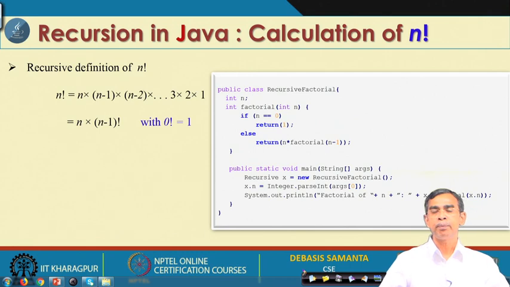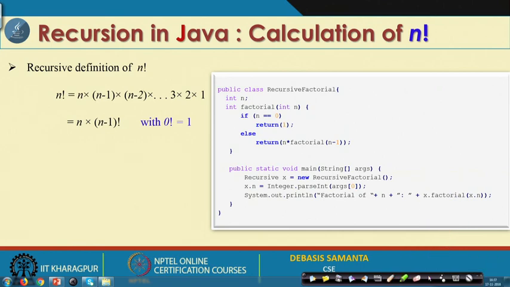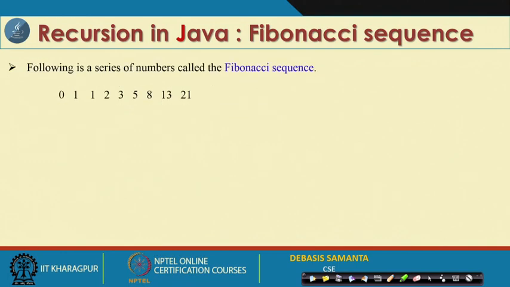Now, if we practice more recursive programs, then your concept of recursion will be good. So, I will discuss a few more examples. Another example is also good for discussing recursive program writing. Here is the series I have listed.